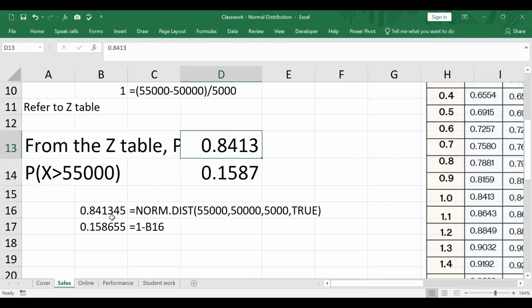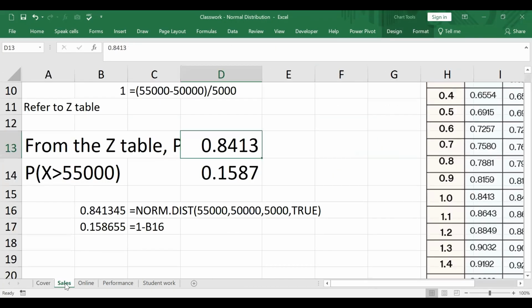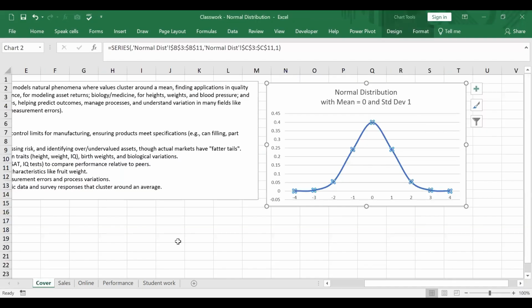Now, the value here is 0.8413, and that is the area under the curve. Now we are interested in what corresponds to 55,000. We are not interested in what is less than this one. We are interested in what is beyond that.